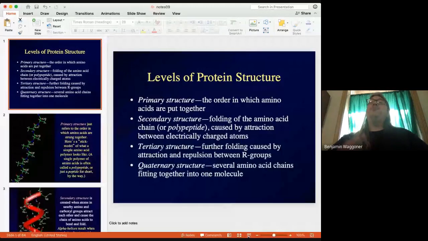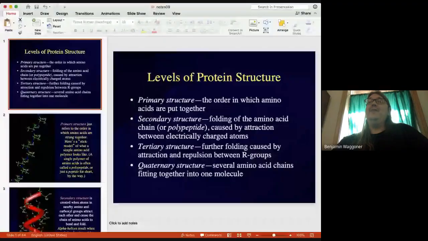Proteins are polymers of amino acids, and there are 20 amino acids. We'll talk about one particular group of proteins, the enzymes, in just a bit.